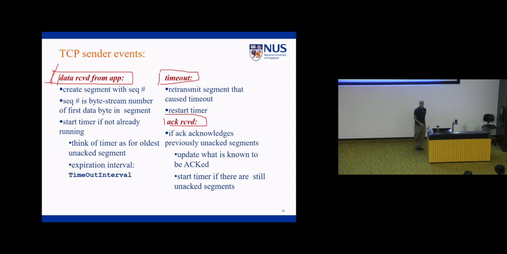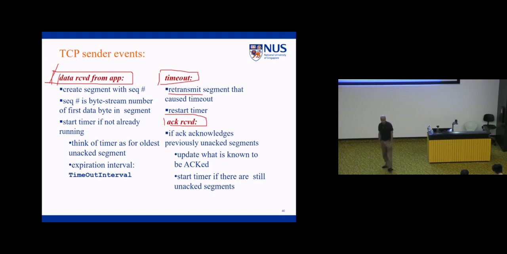What if there's a timeout event? Let's say I'm the sender. I had sent some packets and I'm waiting for the acknowledgements. The acknowledgement didn't come, but the timer has expired. In the case of a timeout, I will retransmit the packet and restart the timer. So far, things look very much like Go-Back-N: a single timer, pipelining, and so on.